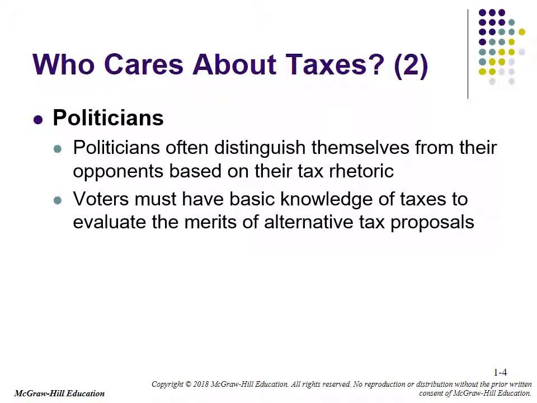Democrats are for more centralized government involvement, and so that takes more taxes to run the government. So voters must have basic knowledge of taxes to evaluate the merits of each tax proposal.